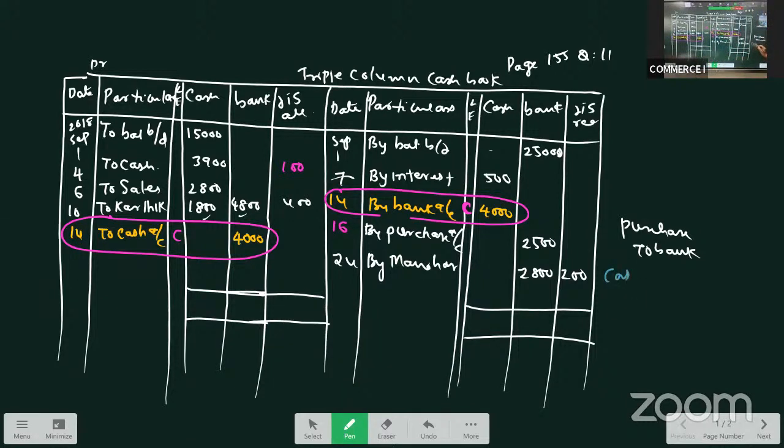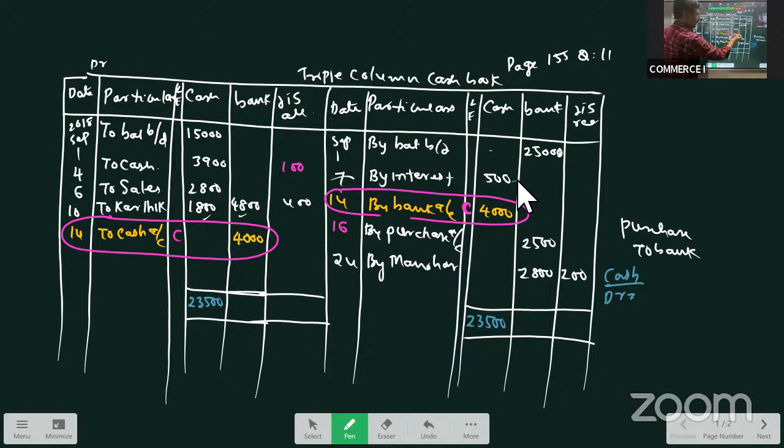So see cash on the debit side. What is the total we are getting? The total on the debit side is 15 plus 3 plus 2 plus 1. It is 18, 20, 21, 22. We are getting 23,500 on the debit side.